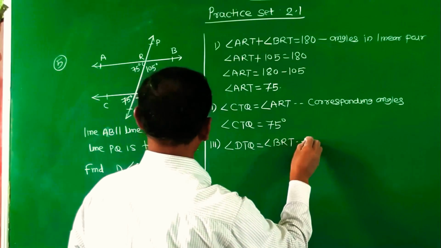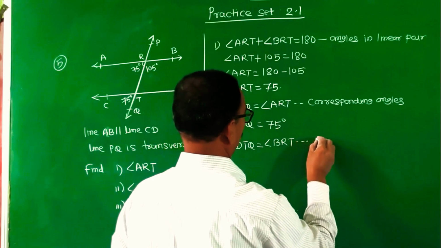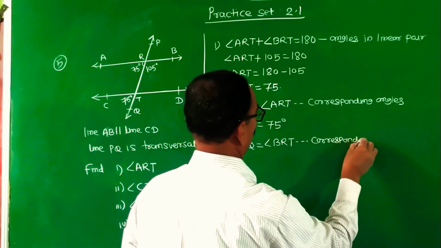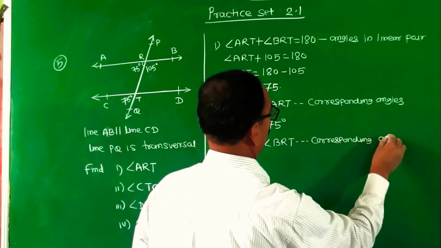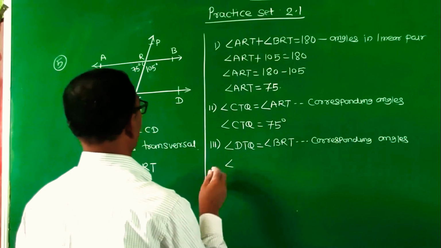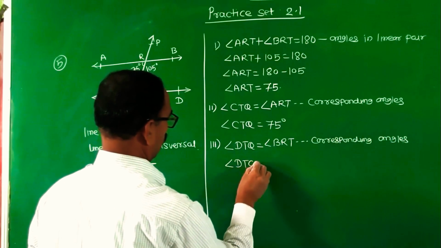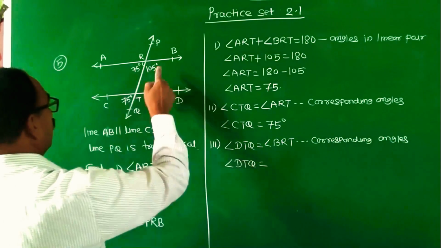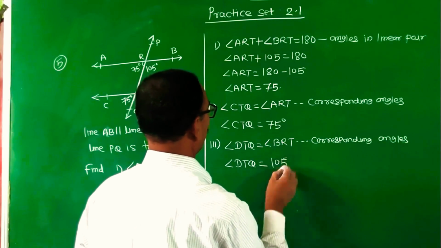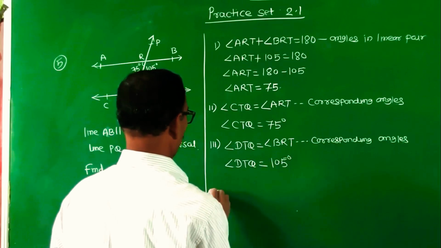These are corresponding angles. We know the measure of BRT, BRT is 105 degrees. So DTQ is also 105 degrees.